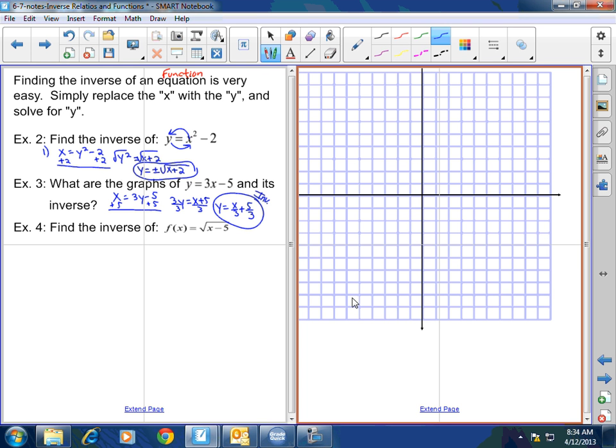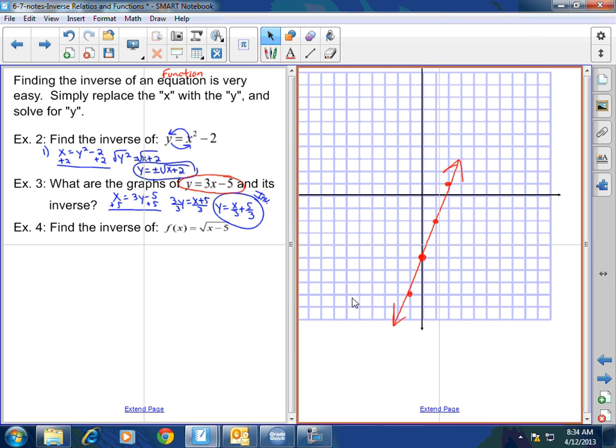Let's graph the original equation. I'll do this in red. The original equation: -5 is the y-intercept, 1, 2, 3, 4, 5. Slope is 3, 1, 2, 3 over 1, down 1, 2, 3 over 1. That's the graph of the linear equation, y equals 3x minus 5.